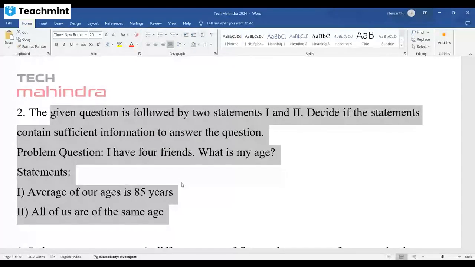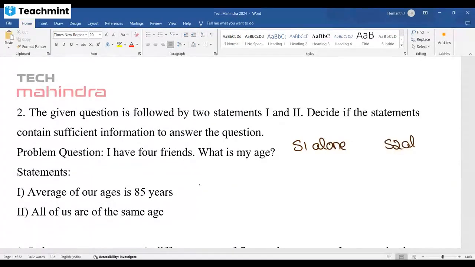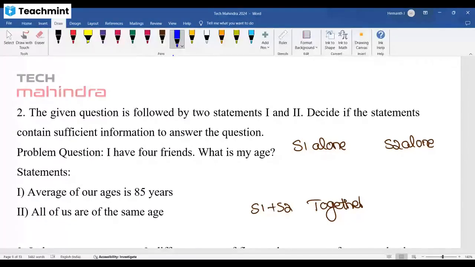Now I have four friends. What is my age? Statement one alone, statement two alone, then go for together. This is also reasoning related. Both questions are related to reasoning. Now, the average of our ages is 85 years.